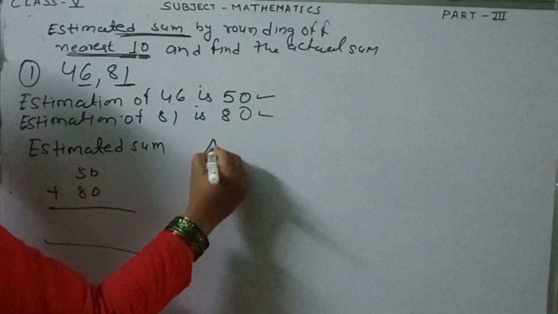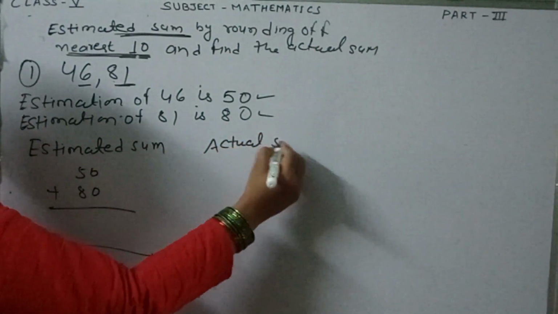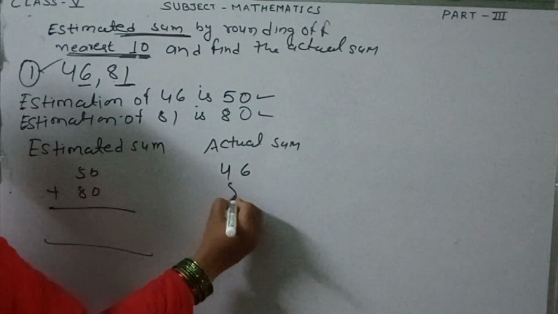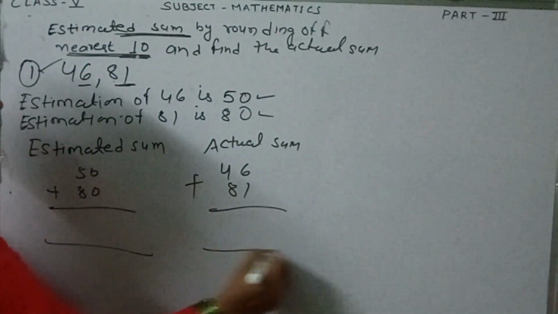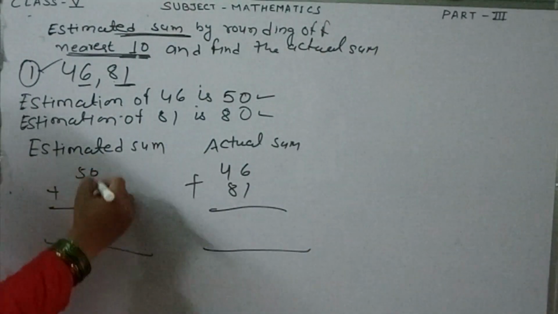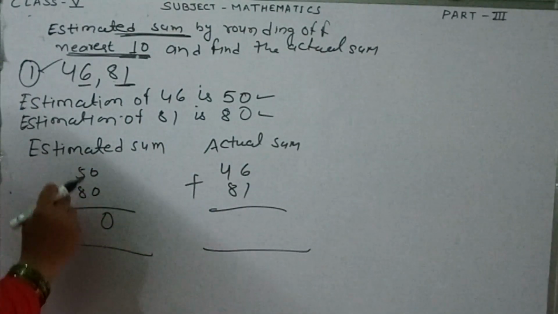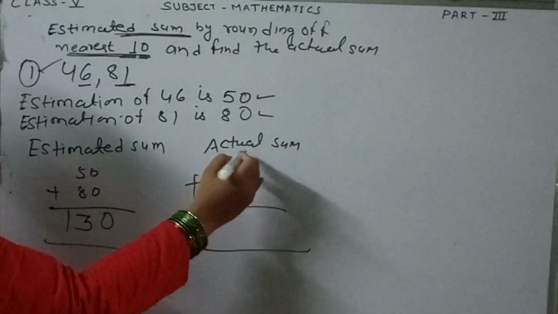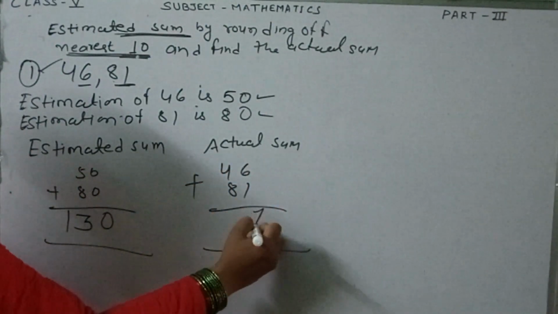And here you have to do the actual sum. Actual numbers you have to write, 46 and 81. Add the numbers: 0 plus 0, 0. 8 plus 5, 13. Okay. Now here you add 6 plus 1, 7.